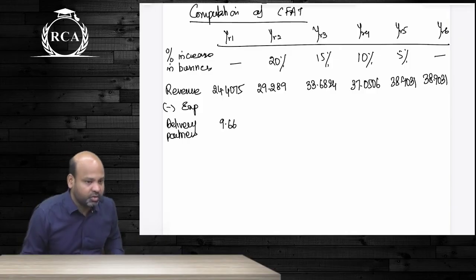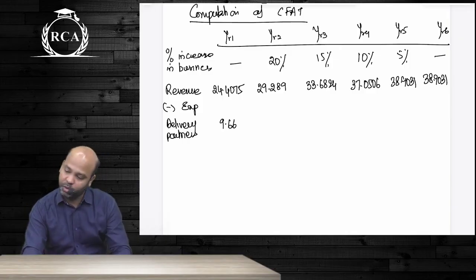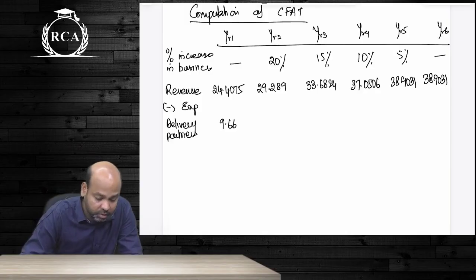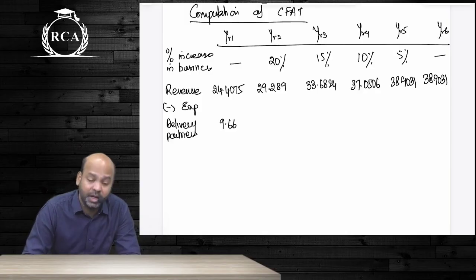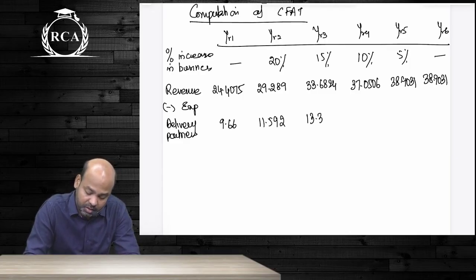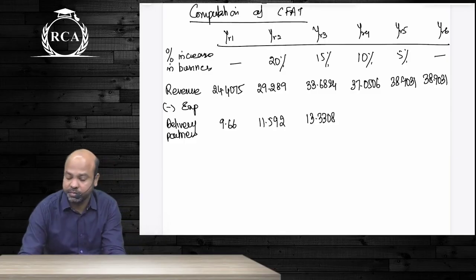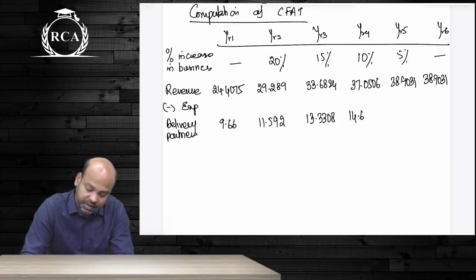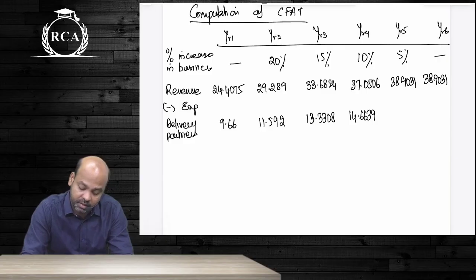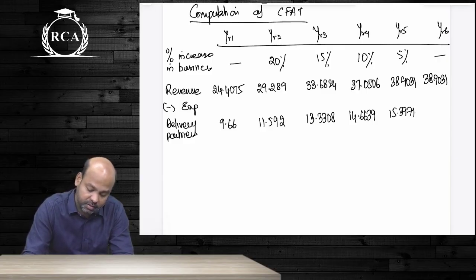So even that is going to increase proportionately beta. 9.66 को directly 20% से बढ़ाओ. 11.592. Next. 13.3308. Next. 66. Next. 397. लास्ट वाला सेम बेटा.